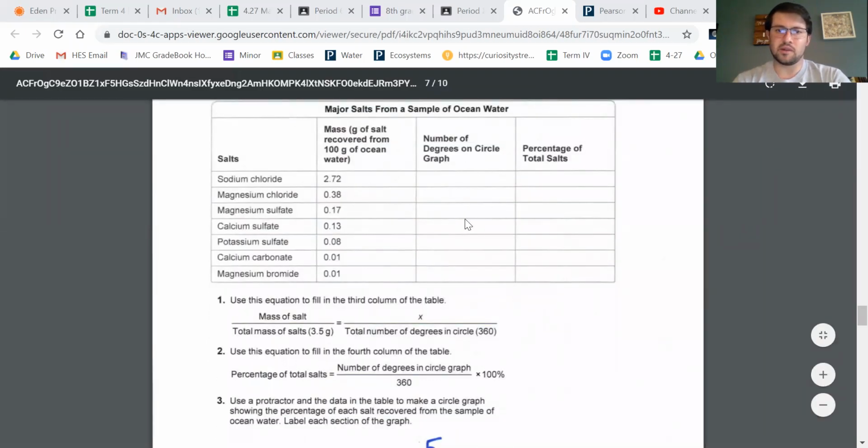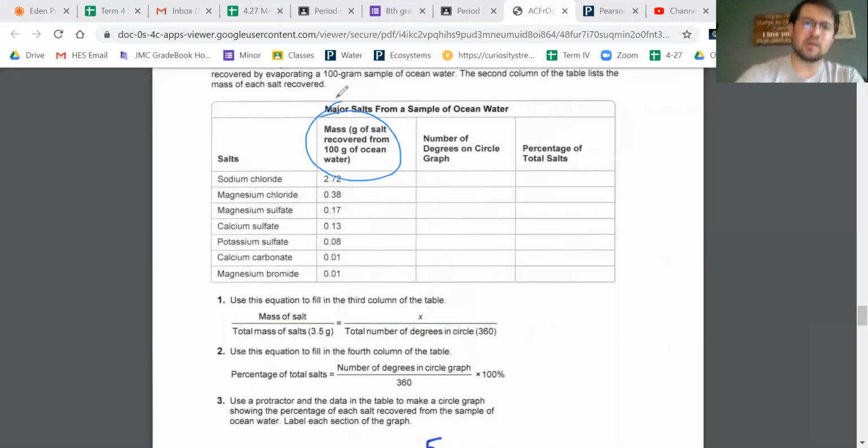So for the number of degrees on a circle graph, use the equation to fill the third column of the table. Right here, I need to use the mass of salt and then the total mass. So I'm taking the mass divided by total mass, and that's going to solve for x here.